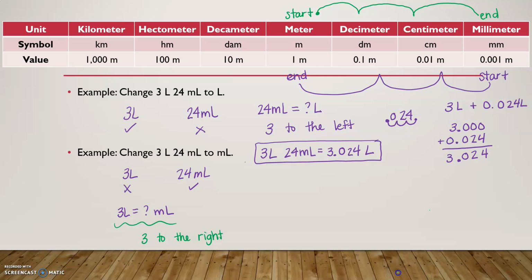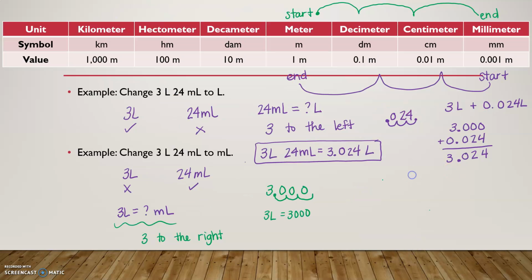All right. So we are going to have 3 liters, and I have a decimal right there, but I need to move it 3 to the right. 1, 2, 3. And I need to fill all those in with zeros. So I can say that 3 liters equals 3,000 milliliters, but now I need to put it all together.